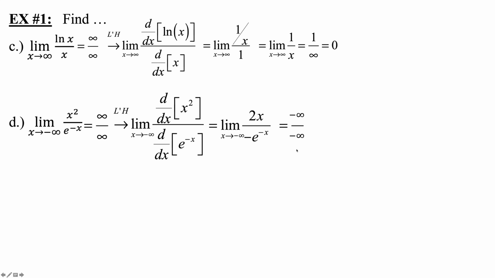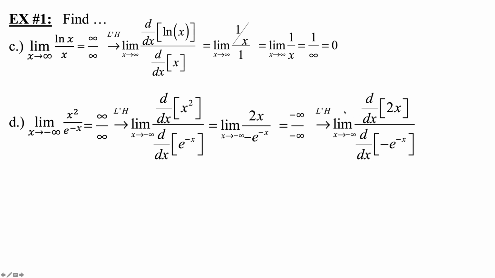I hate to say it, L'Hopital's rule again. So the derivative of 2x is going to be 2. The derivative of negative e to the negative x, well, that's actually going to take us right back to the original e to the negative x, because when you take the derivative of e to the negative x, it's e to the negative x, but taking the derivative of the inside exponent, that's a negative, multiplied to the front, so that's just going to change it to a positive.